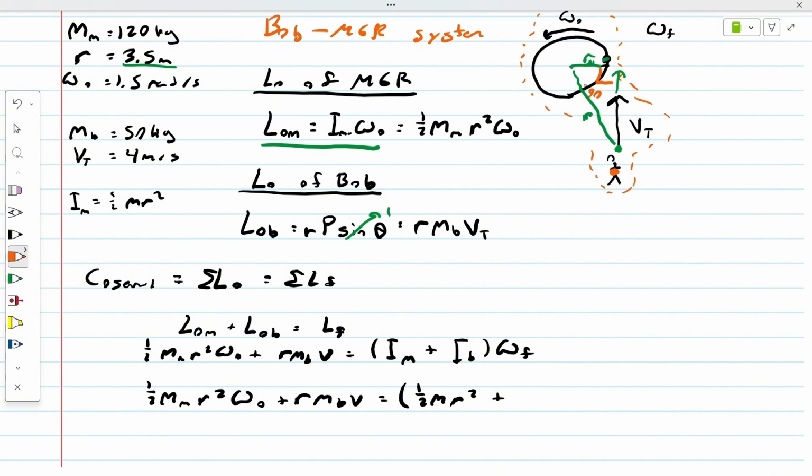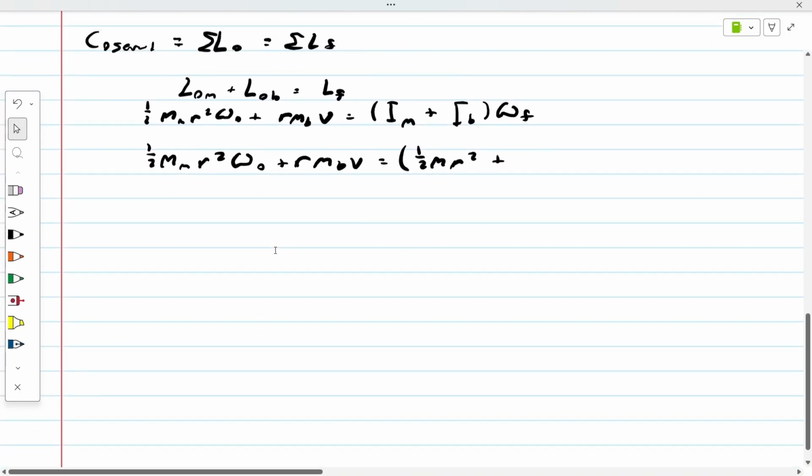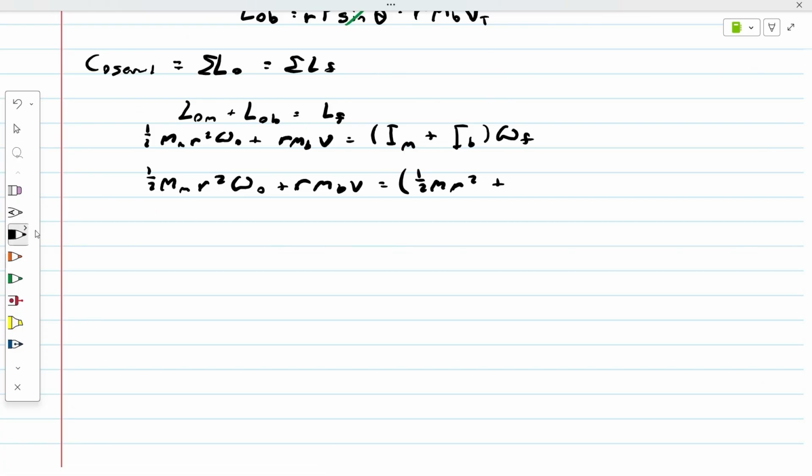So we can just treat that as the normal formula for rotational inertia of a point rotating around another point, which is simply mr squared. So we don't have to have any coefficient because it's just one point of mass rotating around another point. So that'll just be the mass of Bob, the same radius as we talked about earlier, squared, times this omega final.